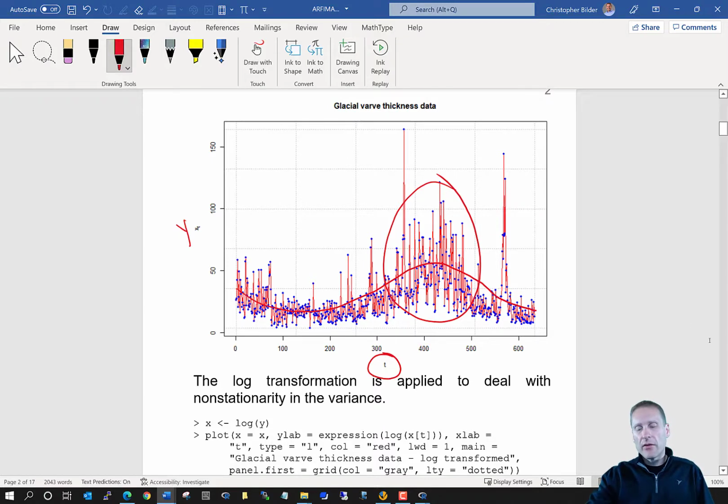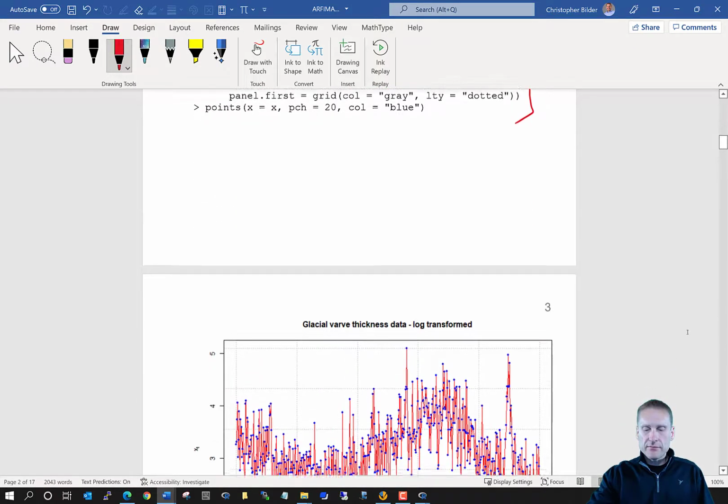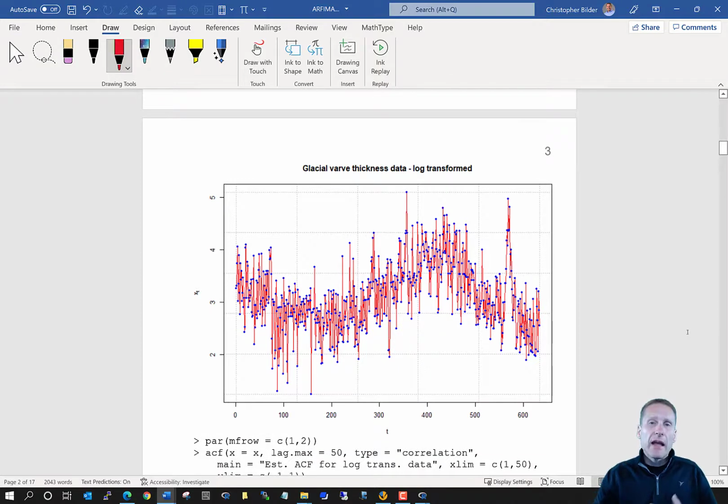So let's do that ourselves. I'm going to let X now be equal to the natural log of Y, and I plot my data like I would normally. And this is what we get. We see now that in terms of stationarity with respect to the variance, this looks a lot better than what we had before.